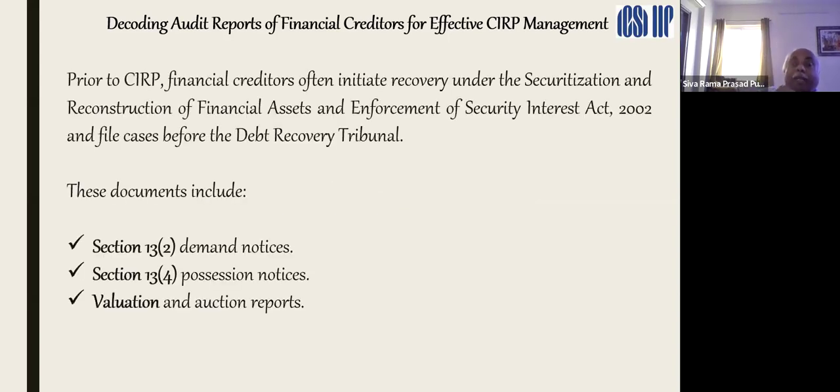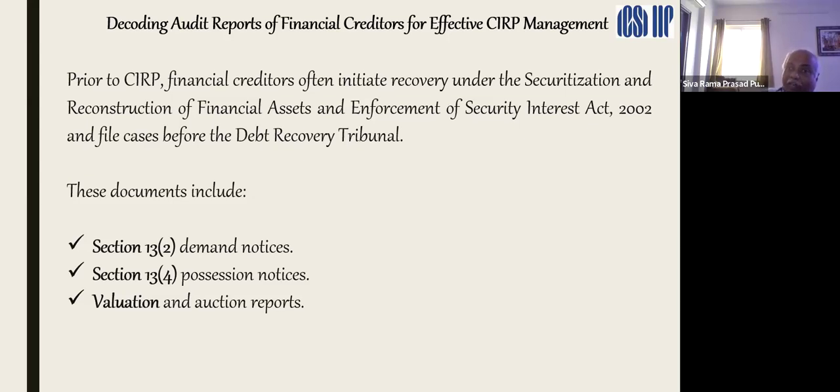Prior to CIRP, the financial creditor initiates recovery under securitization. Banks do not file directly under IBC in all cases. In some cases, they first recover under Section 13(2) or 13(4) of SARFAESI. After that, they go to DRT. After that, in some cases, NCLT, or in some cases directly IBC.